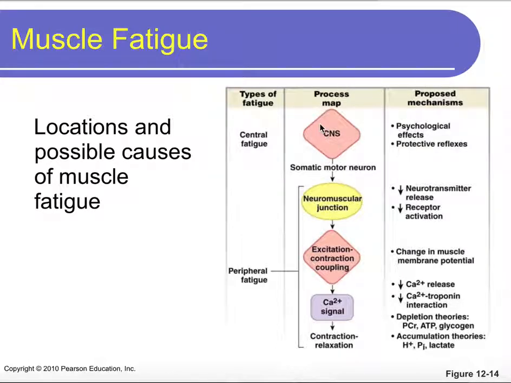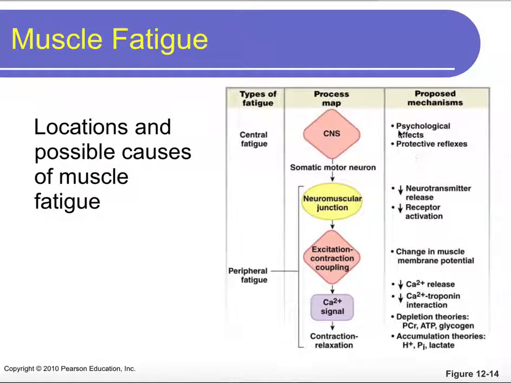It has to send that information down the spinal cord through the somatic motor neuron, and then we have to have things happening in the neuromuscular junction, like the release of acetylcholine, activation of receptors. Then we need the exciting of our muscle to eventually lead to a contraction. That includes changes in membrane potentials and obviously the release of calcium. So a lot of steps are involved. And so if anywhere in this process it stops working, then we have fatigue.